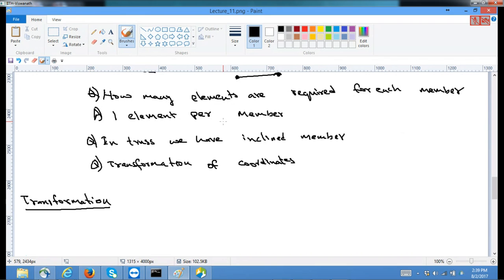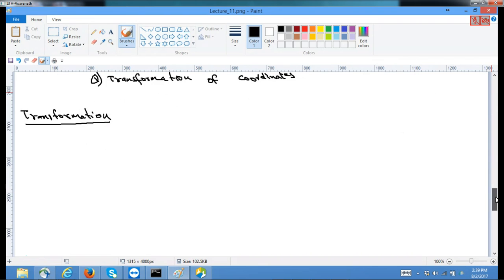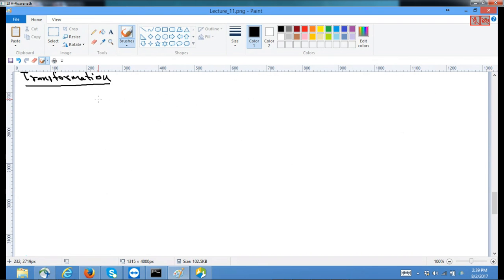So to deal with the transformation, let us say the original coordinate system is this one, and let us define a point A which is defined by x and y.